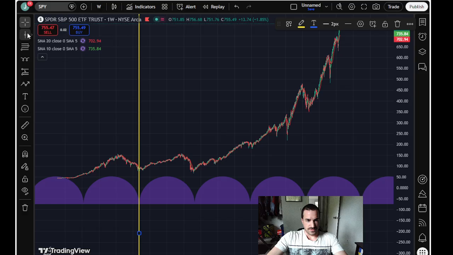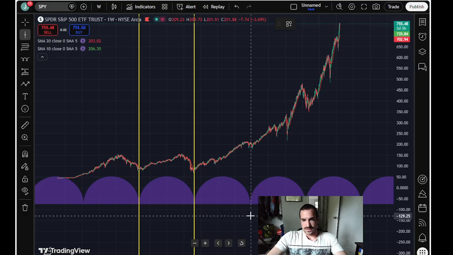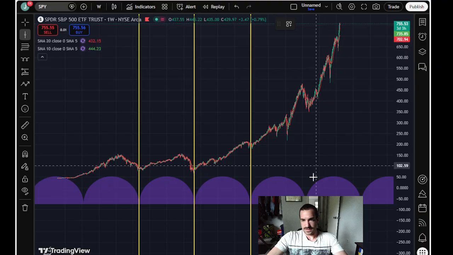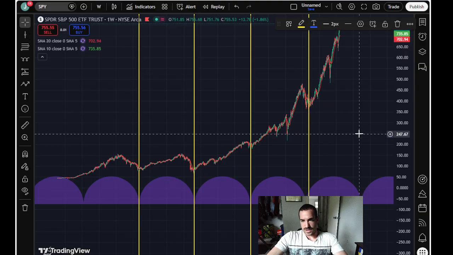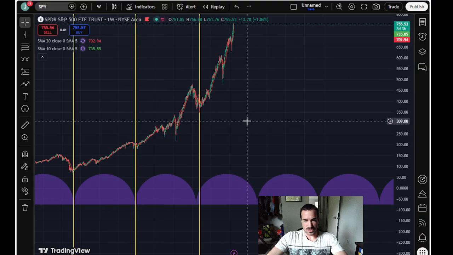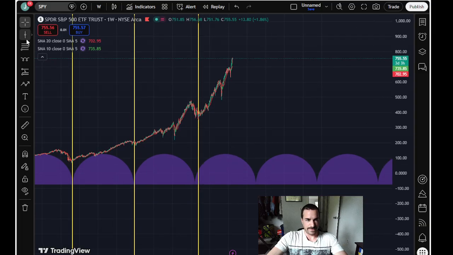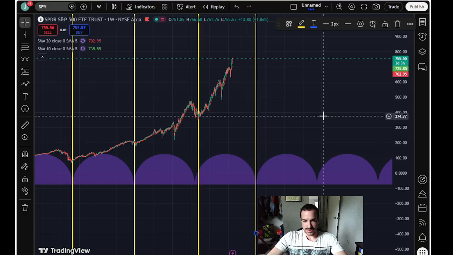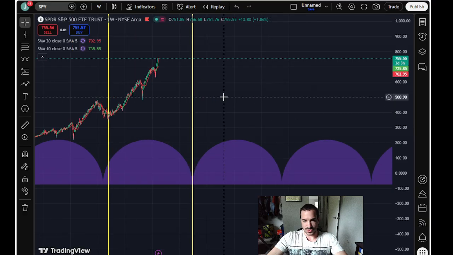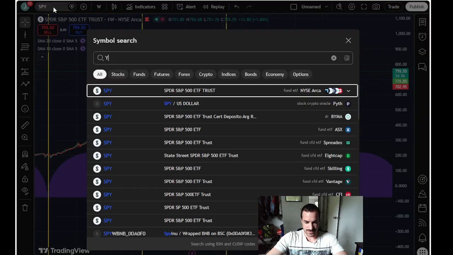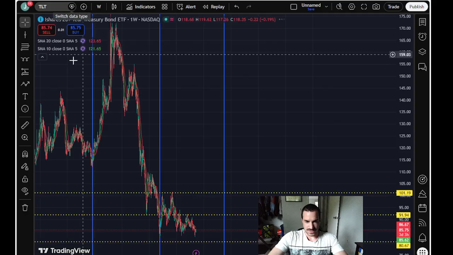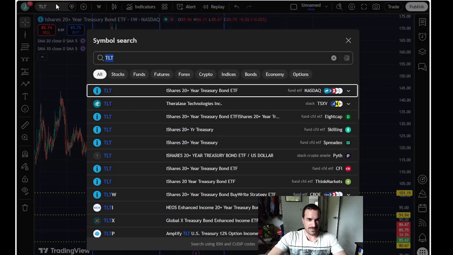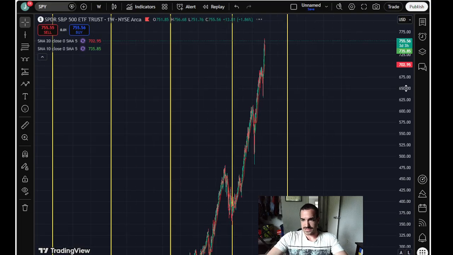So, crash in 2000, the crash of 09, the consolidation in 2016, the correction in 2022, and the next trough is December of 28, which correlates with what we just saw in TLT of 28. So that's the big picture.